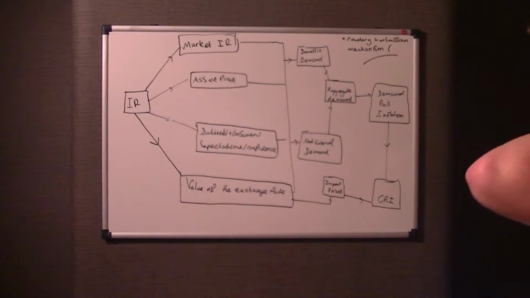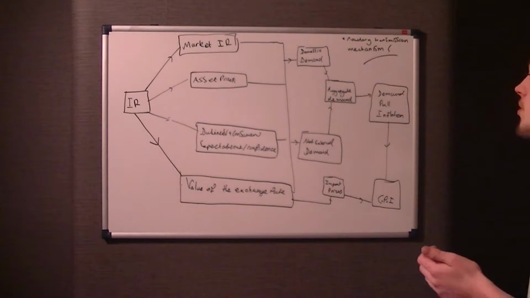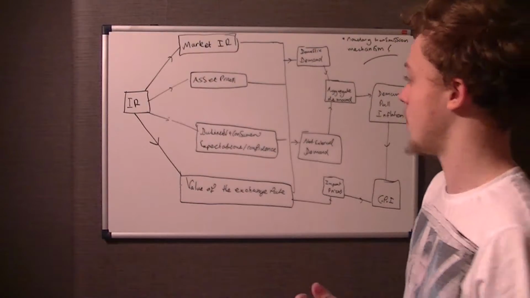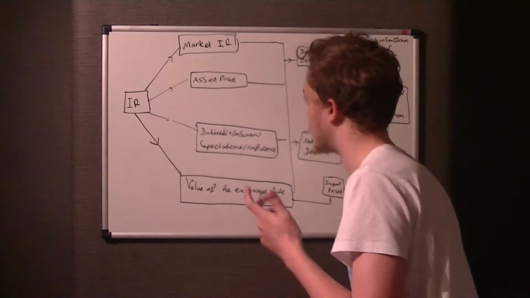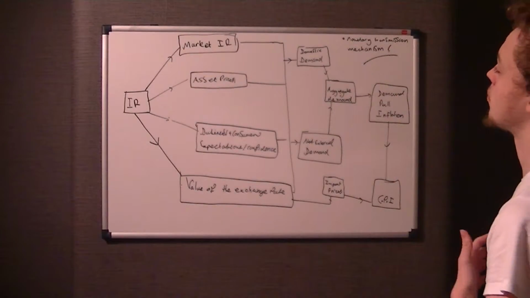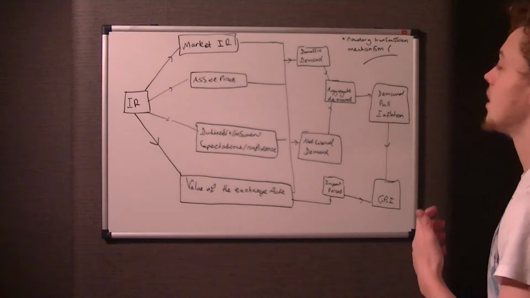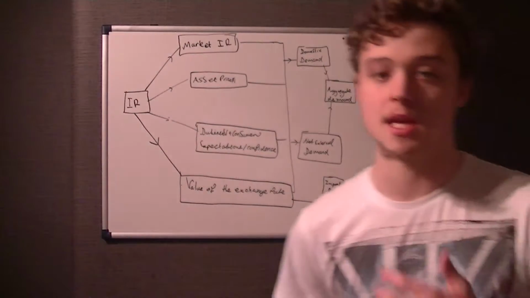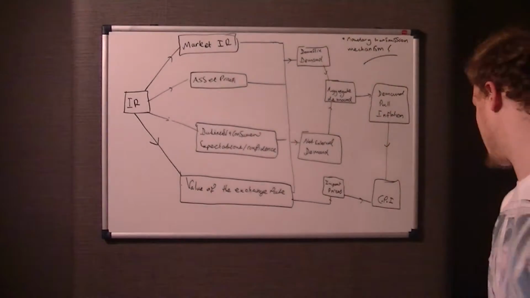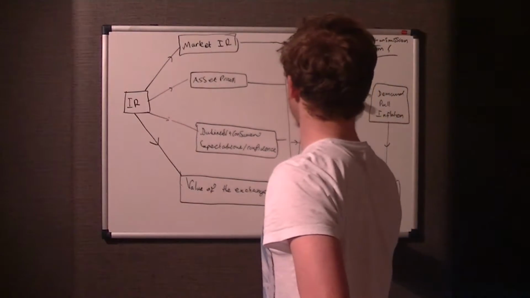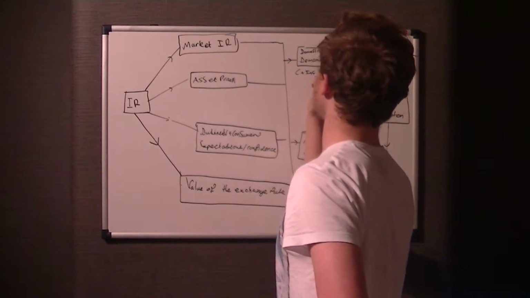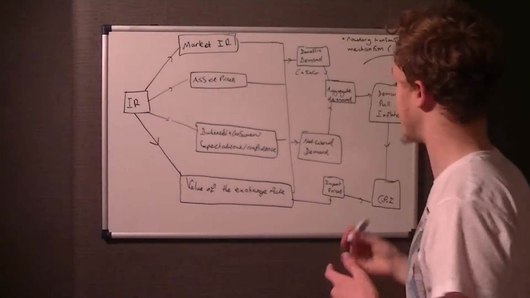Let's go through the first one, the market interest rate. If we increase the rate of interest, the market interest rate increases as well. If the market interest rate increases, then domestic demand, which is C plus I plus G, will decrease.